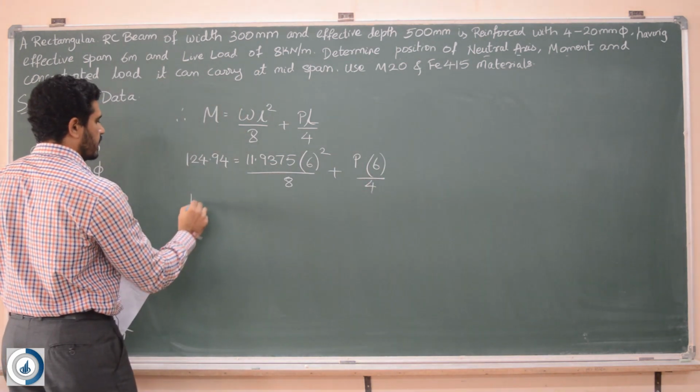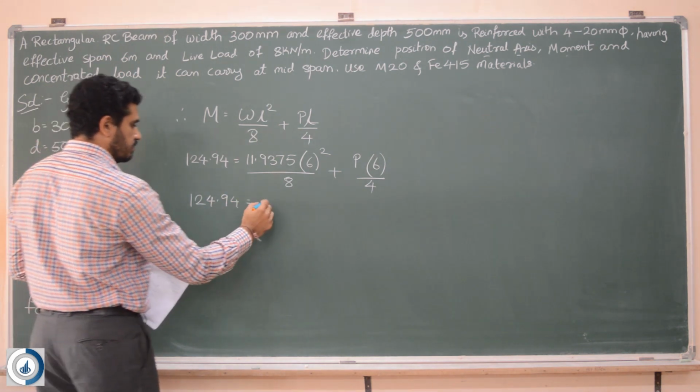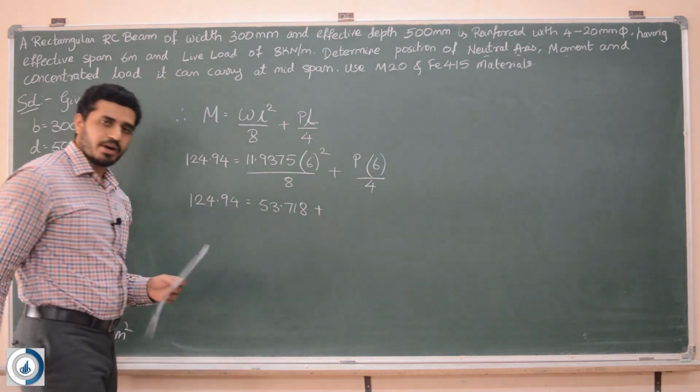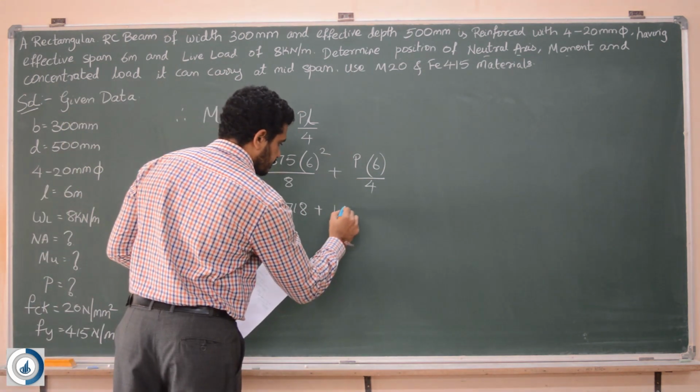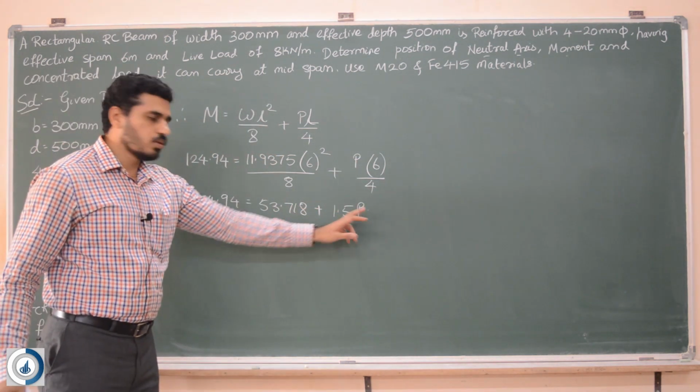We will simplify this. It works out to be 53.718 plus 1.5 P. Now from this you can find the unknown P value.